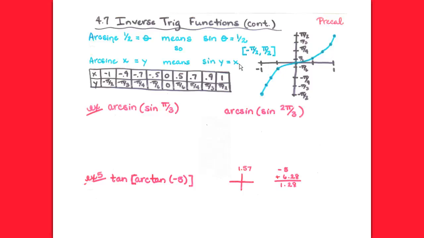Domain would be all real numbers and range would be from 1 to -1. But look at this. For our x values here, our domain values are going to be from -1 to 1, because if x and y switch places, domain and range switch places. And our y values down here are going to be from negative pi over 2 to positive pi over 2 because of that restriction, again, when we're working with inverse sine.